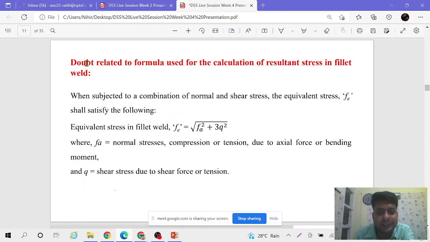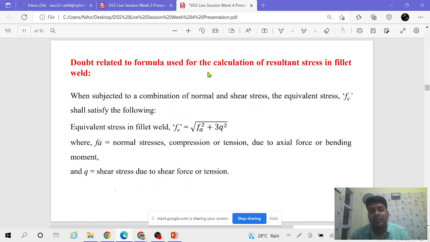Yes, sir. So here it is a doubt related to the formula used for the calculation of resultant stress in fillet weld. Okay, so for the calculation of the resultant stress in the fillet weld, in lecture number 12, yes, lecture number 12.